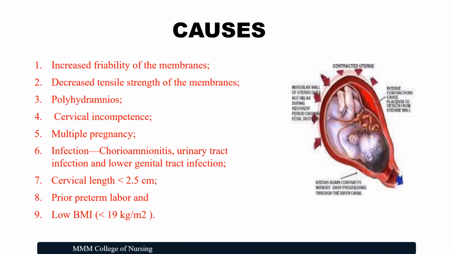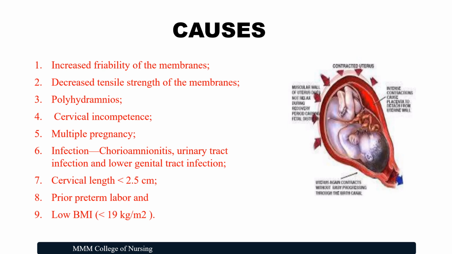What are the causes of premature rupture of membrane? In the majority, the causes are not known. Some of the possible causes are increased friability of the membrane, decreased tensile strength of the membrane, polyhydramnios, cervical incompetence, multiple pregnancy, and infection.